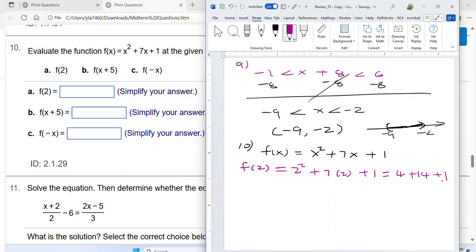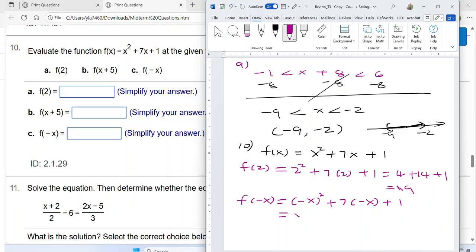Okay, we're going to do the f of negative x first. So how do I do the f of negative x? Replace x by negative x. So this will be negative x squared plus 7 times negative x plus 1. This negative squared is still positive, so that will be x squared, and then simplify: minus 7x plus 1.